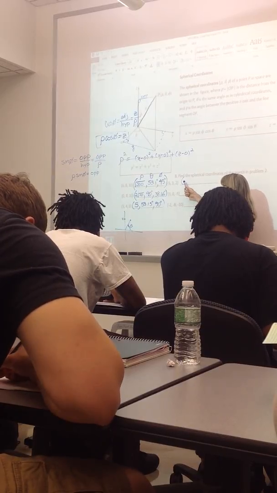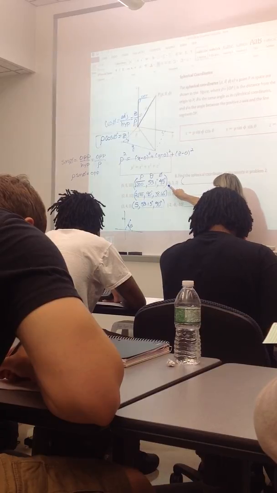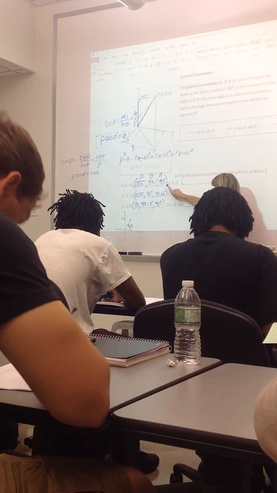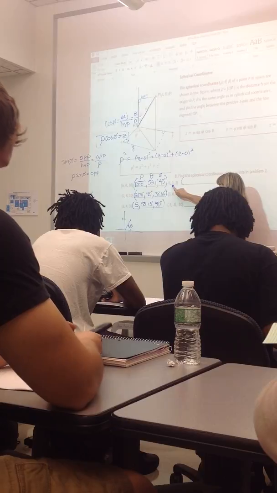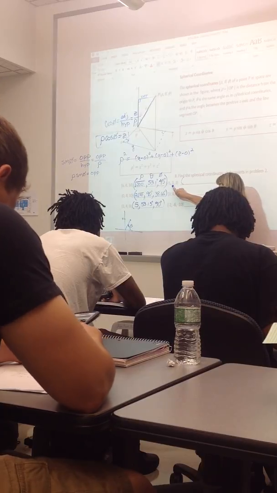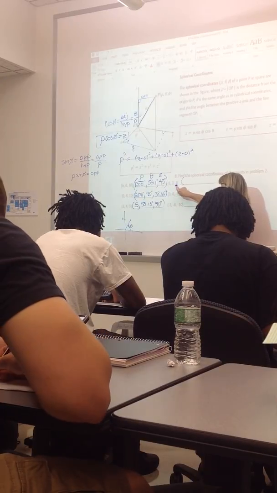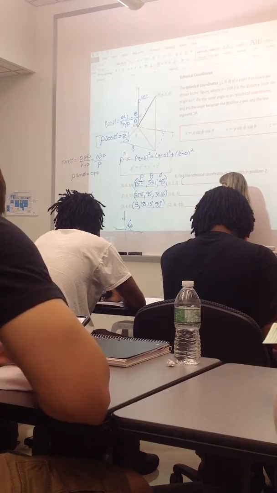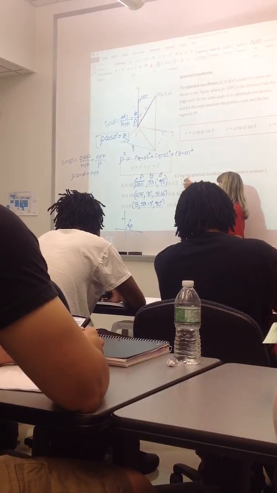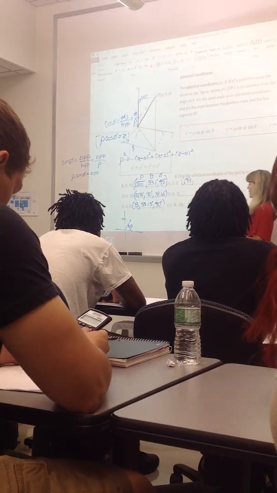Again, rho is found by finding the distance from the origin. So 25 plus 9 is 34. 34 plus 4 is 38. So the square root of 38 is my rho.